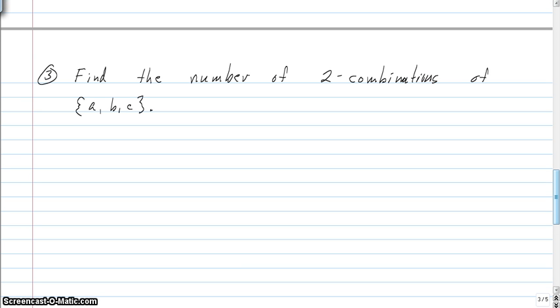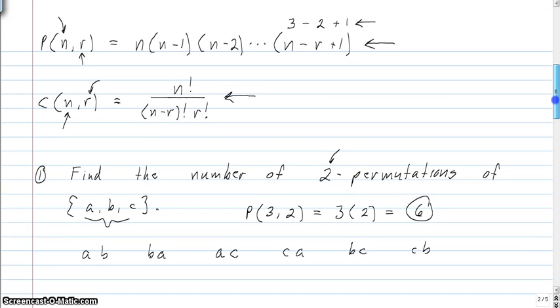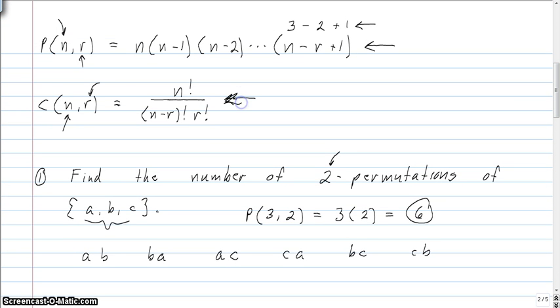So find the number of 2 combinations. Same idea as the first example, except now we're doing combinations of 3 possible objects, taken 2 at a time. And I'm going to plug into this formula where n is 3 and r is 2.